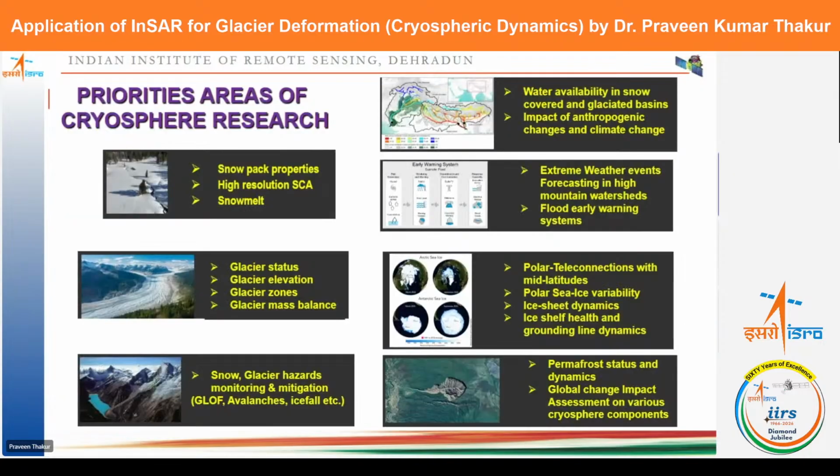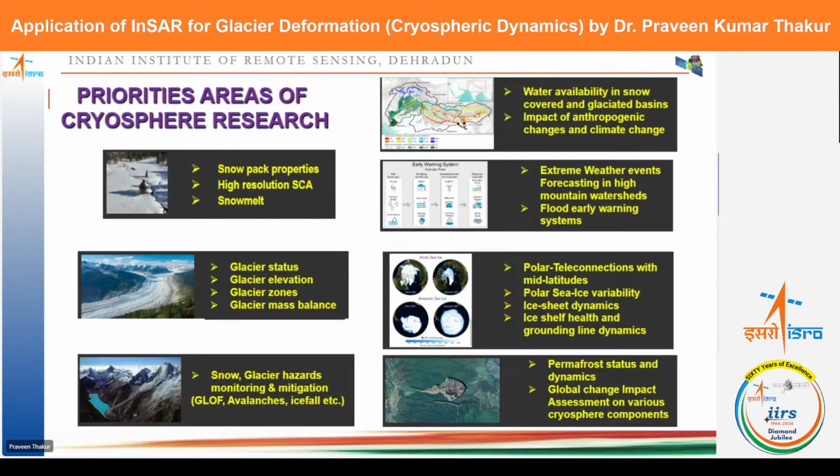Some of the priority areas of research in this field are to quantify the snowpack properties, providing the high resolution snow cover area which feeds into the snow melt runoff model. What are the volumetric changes in the glacier elevation, how are they affecting the glacier health, and how are changes in these components leading to disasters, for example avalanche, icefall, rockfall, and GLOF? Overall, the Himalayan river basins are generally fed by the snow and glacier.